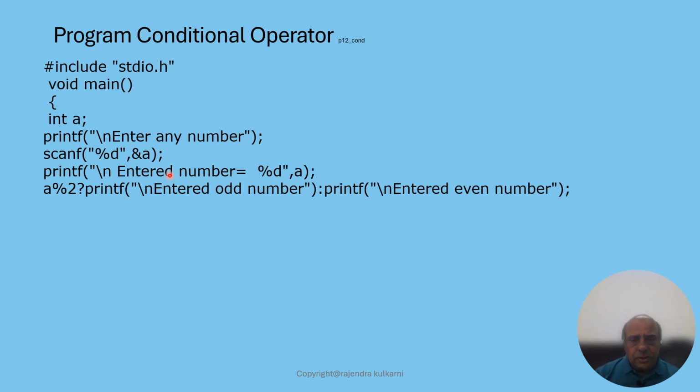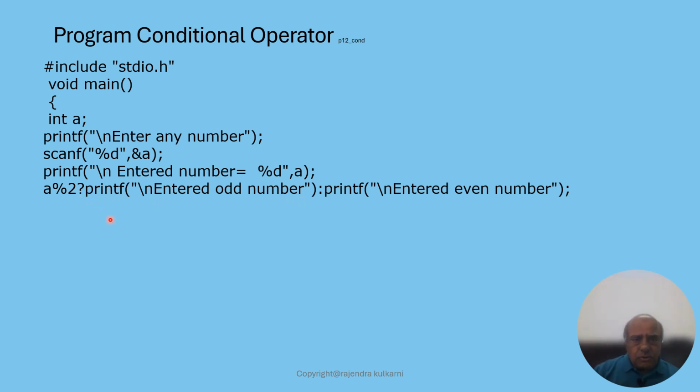It gives us the remainder, not the quotient but the remainder. If A mod 2 evaluates to 1, the printf "entered odd number" will be executed and this will be displayed on our screen.